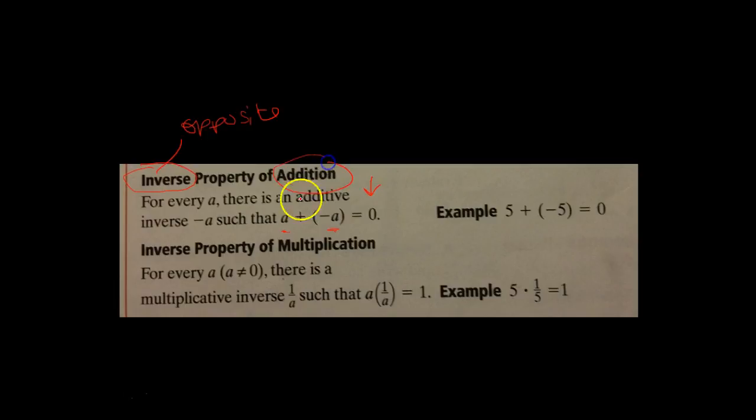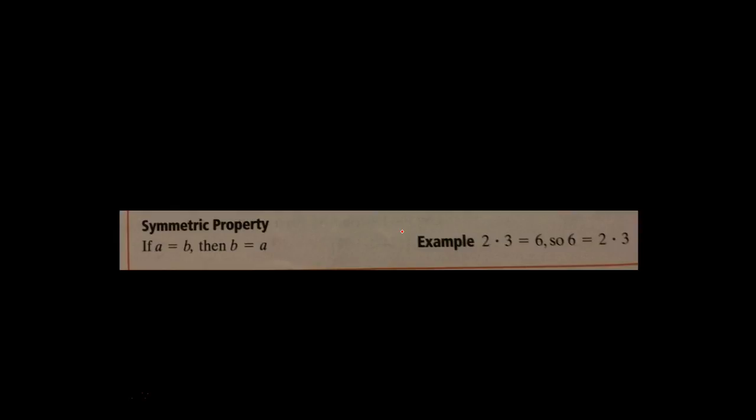You're always going to get 0 for the inverse property of addition, and for multiplication you will always get 1. So what's the opposite? Well, for a you do the reciprocal, which is 1 over a, so you multiply these together and you get 1. So inverse is opposite. Addition, you always get 0. Multiplication, you'll get 1.